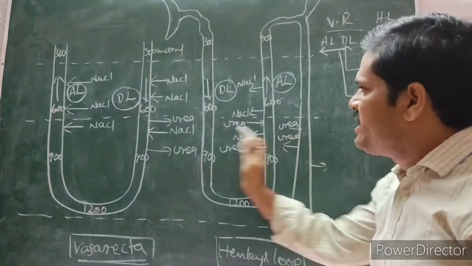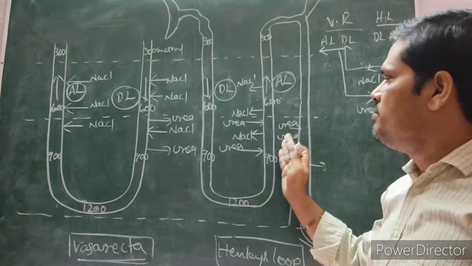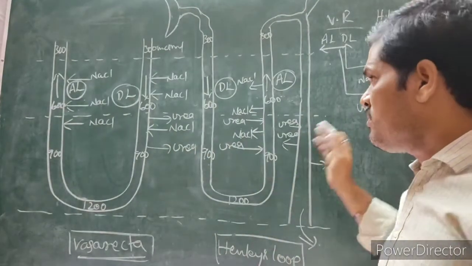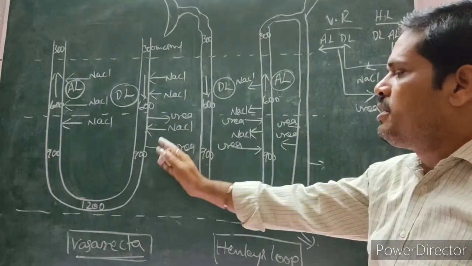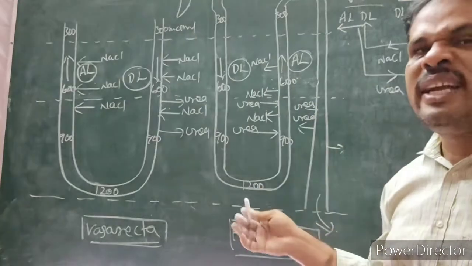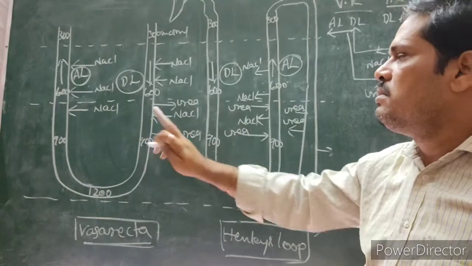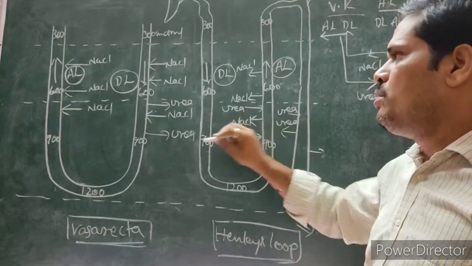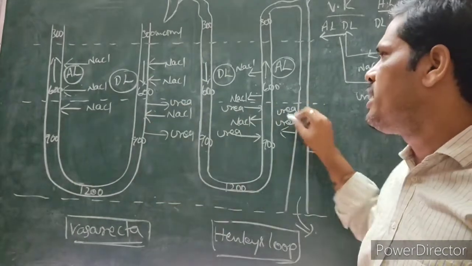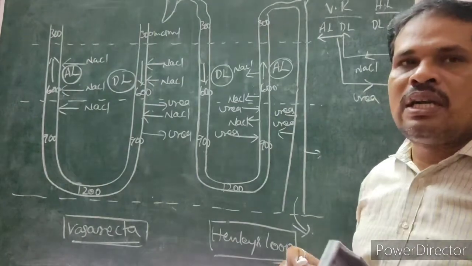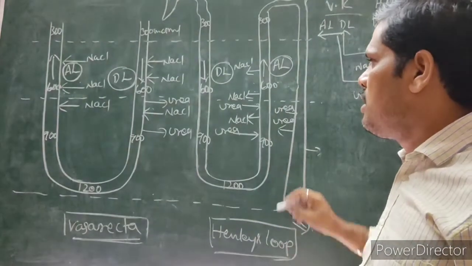So, the exchange of sodium chloride between the nephron and vasa recta, and urea between the vasa recta and Henle's loop, is done. That is what we call the countercurrent movements.